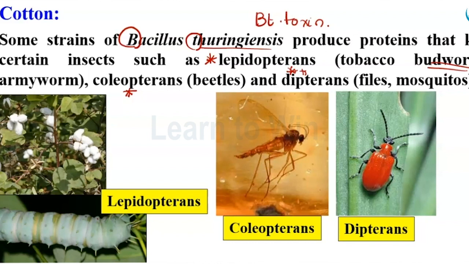Why don't we make the plant produce Bt toxin. So Bt cotton is nothing but the plant which contains the Bt gene, the gene from the Bacillus thuringiensis bacteria which produces the toxin. So the plant itself is producing the toxin which will kill these pests that are attacking it.